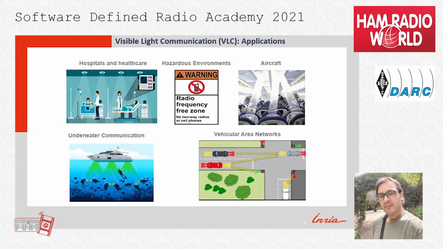There are lots of possible realistic scenarios in which we could employ visible light communication. For example, in hospitals, in hazardous environments, like petrochemical plants, mines or aircraft, where radio frequency waves are forbidden or strictly limited. Because, for example, they could interfere with critical devices, or they could cause accidents, like interacting with chemical substances.